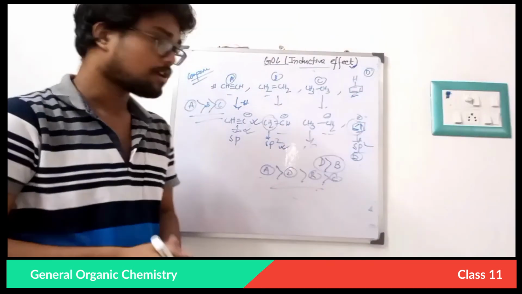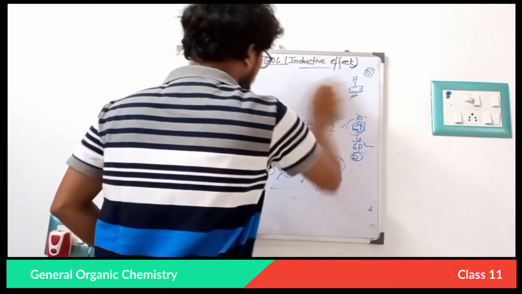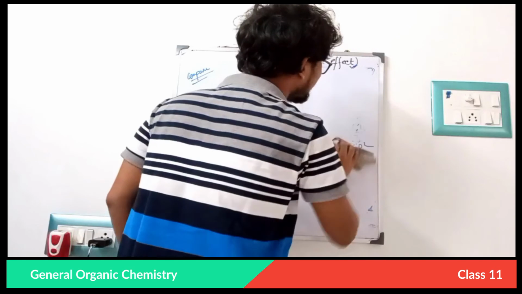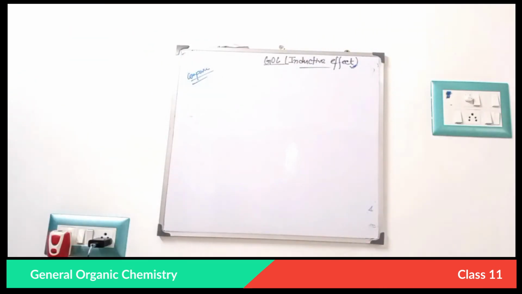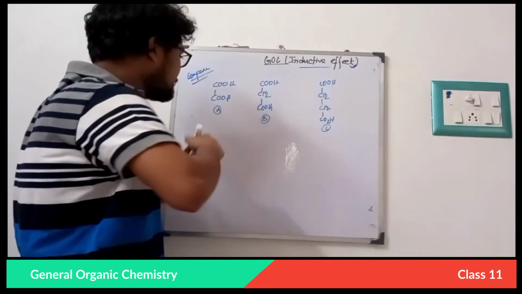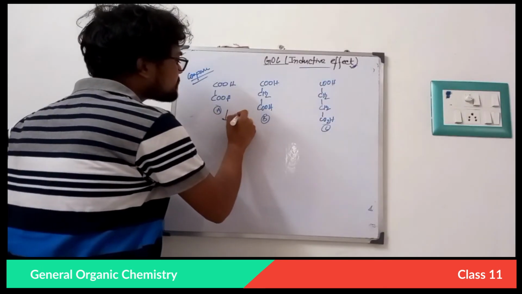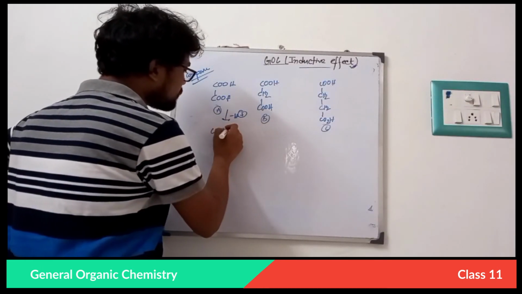Fine. Now I am going to the last problem of this class. So this is my last example. Look very carefully. If it releases H plus ion, what is happening?